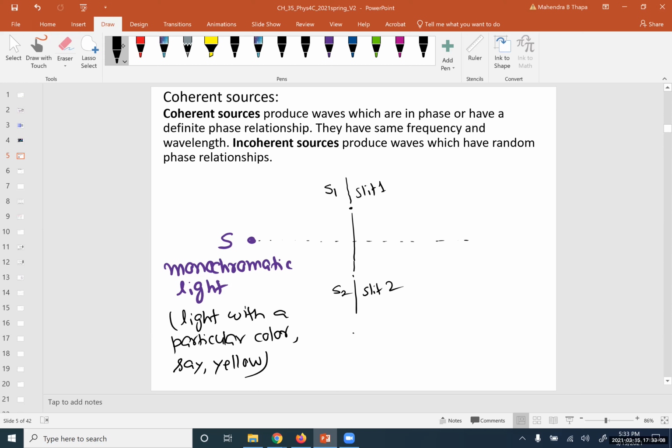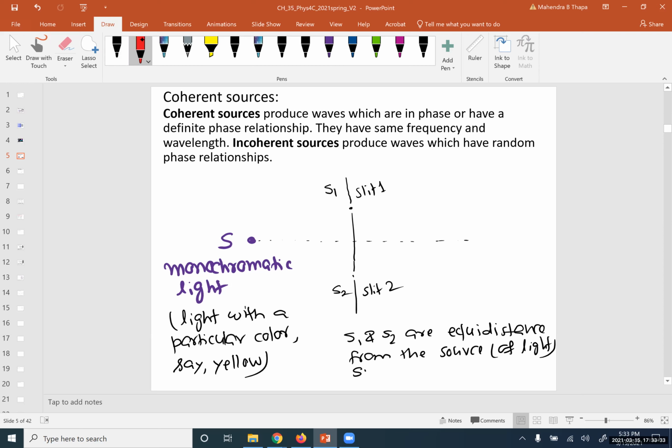Here S1 and S2 are equidistant from the source of light. So S1 and S2 behave as coherent sources.